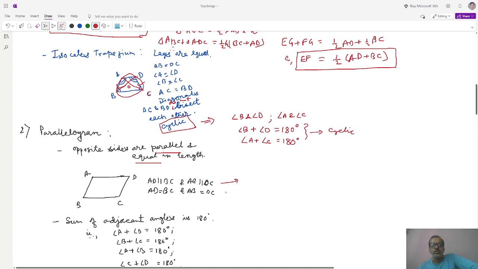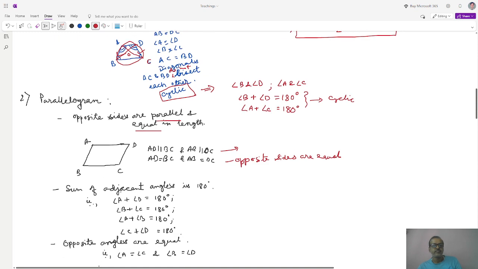That is, opposite sides are equal to each other. So, in a parallelogram, opposite sides are parallel as well as equal.